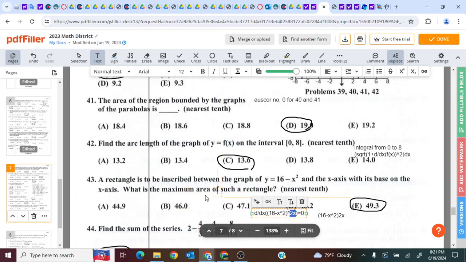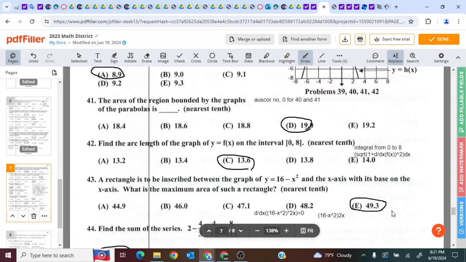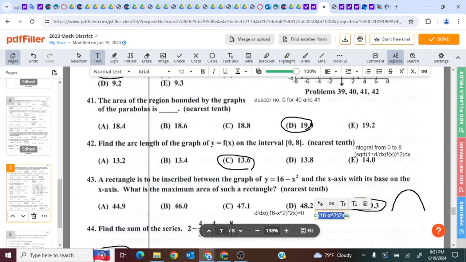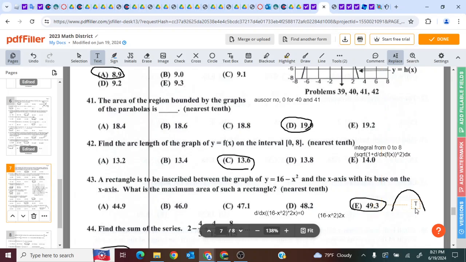You can imagine x can be positive and negative at the maximum point. So you want to figure out when the derivative of that is equal to 0, because the graph of the area will look like this, and as you can see, the derivative is 0 at the maximum. And once you have that, plug your x value right back into the equation to get 49.3.